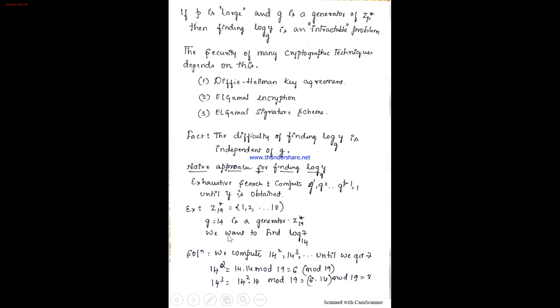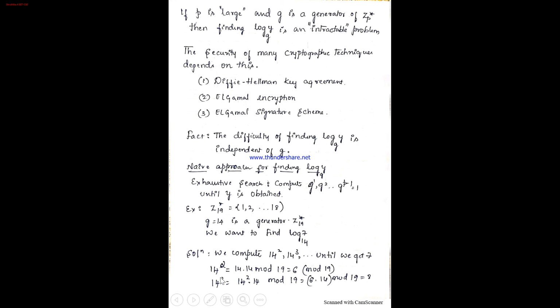If you are asked to find log 7 to base 14, you need to find x such that 14 raised to x is equal to 7. You know the resultant value is 7, but on raising 14 to what power you get 7 is the question mark. So I start from the initial stage: 14 square, 14 into 14 mod 19, is 6.